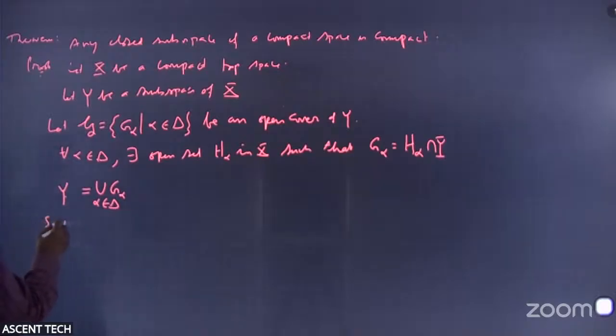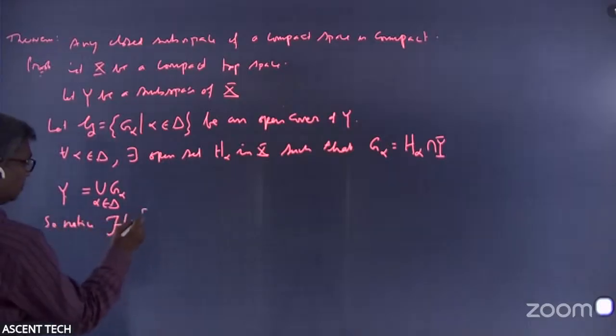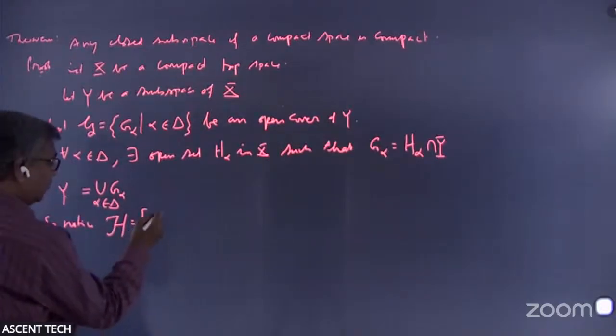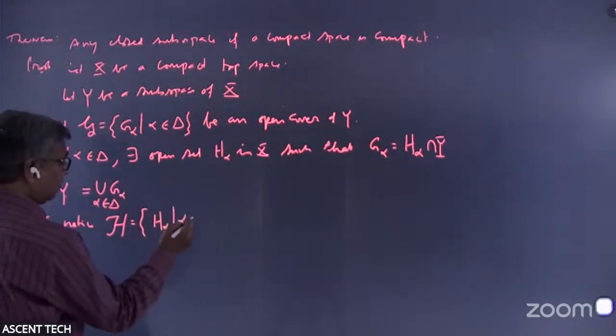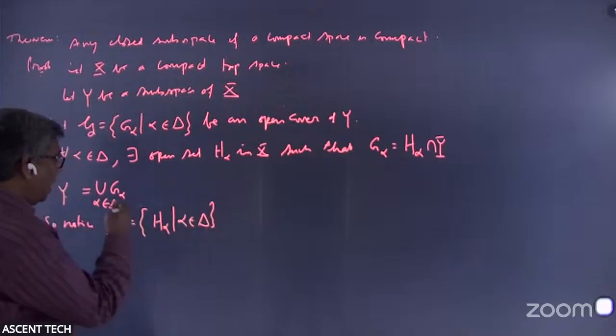So notice the H alpha, alpha in delta, are actually bigger than G alpha.